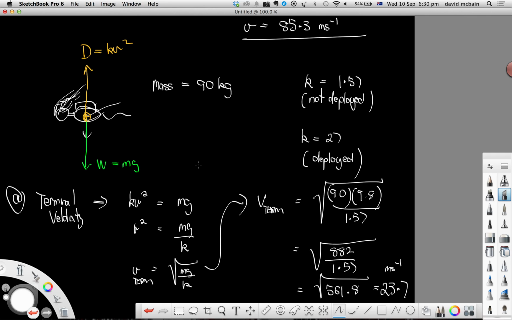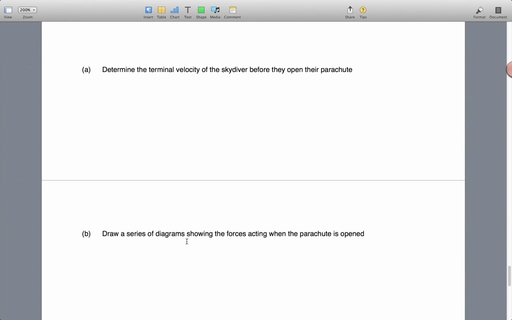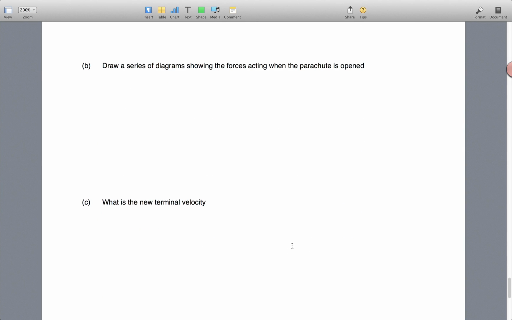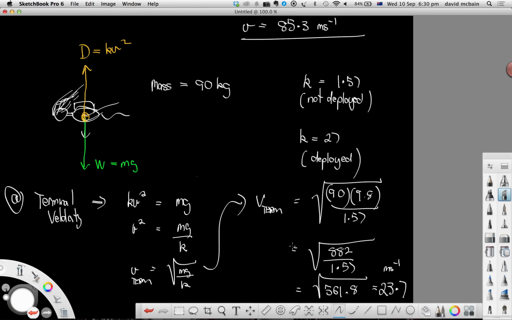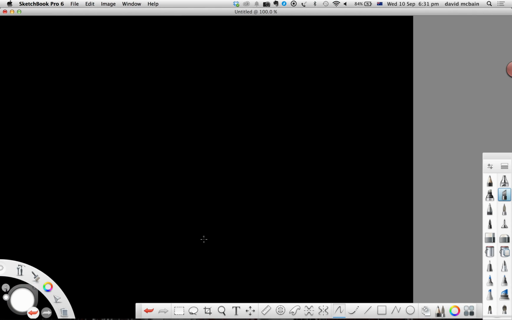Okay, so part B, draw a series of diagrams showing the forces acting when the parachute is opened. What is the new terminal velocity? Okay. So, as the parachute's opened, let's do this as a couple of diagrams.